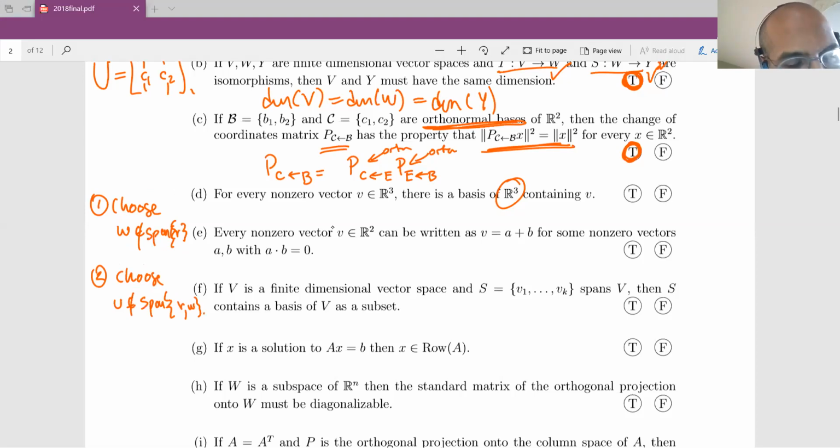So not everything is in that span. So we have two different ways of constructing a basis containing V. Any questions?